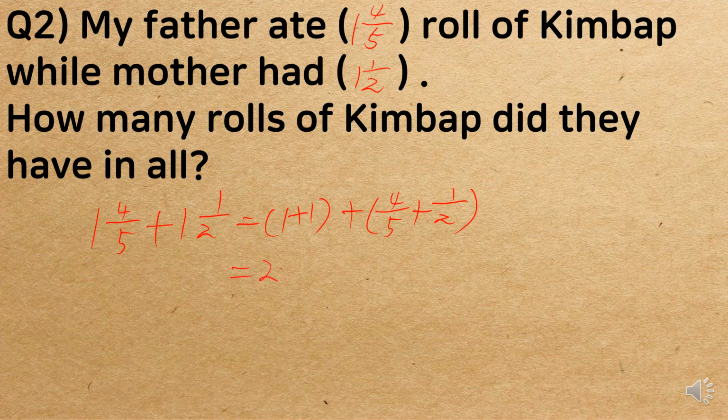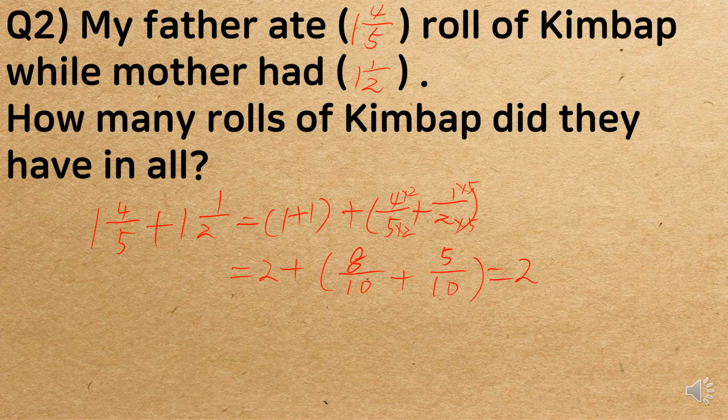We should make the fractions have the same denominators, 10. 5 times 2 equals 10. 4 times 2 equals 8. 2 times 5 equals 10. 1 times 5 equals 5.